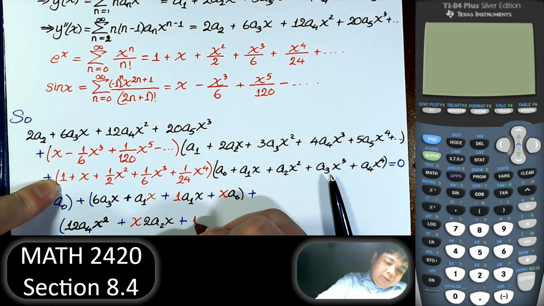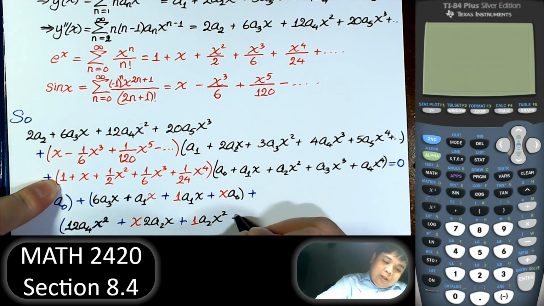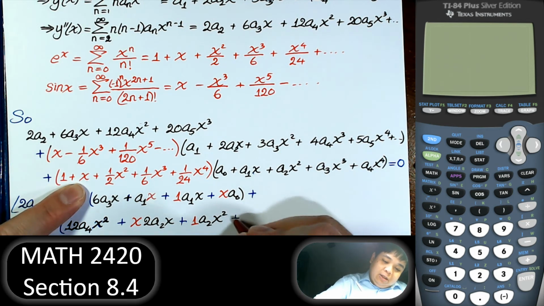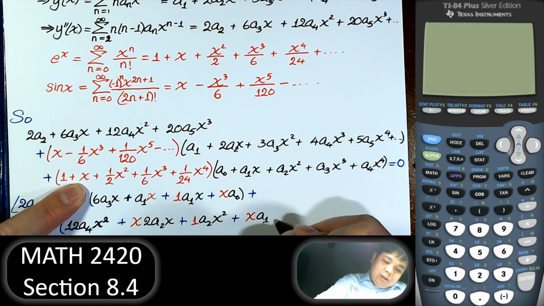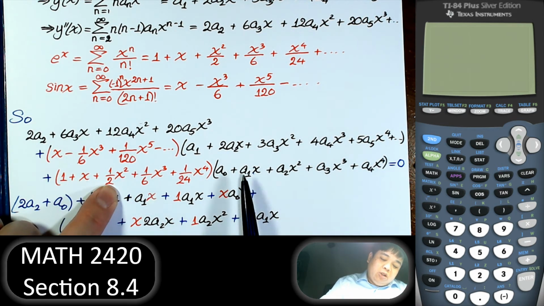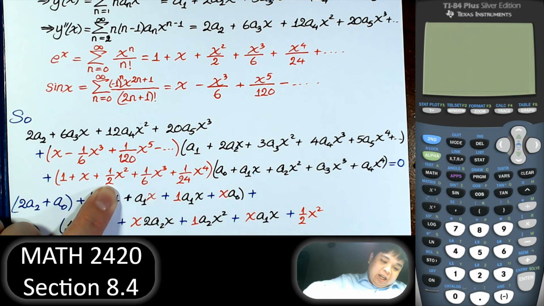If we use x multiplied by that term, it will give us x squared. If we use this 1/2 multiplied by a0, that also gives us x squared.